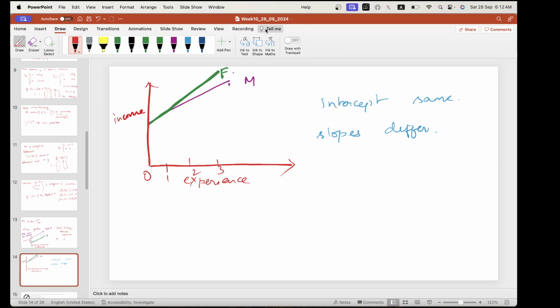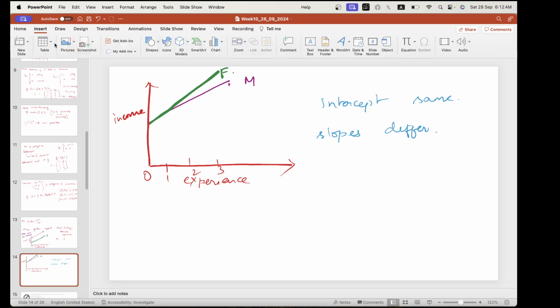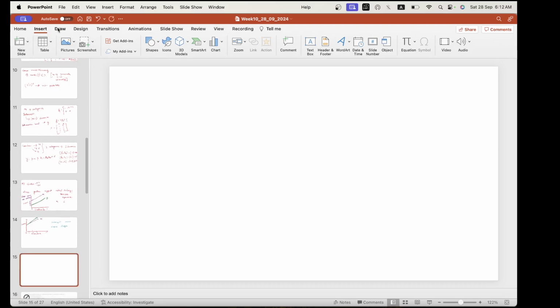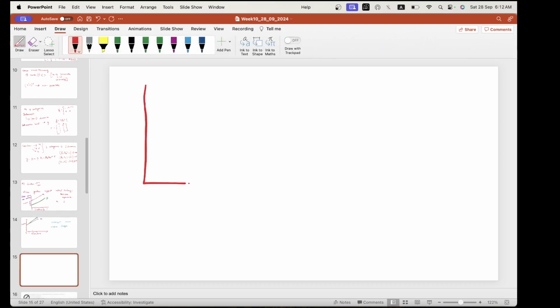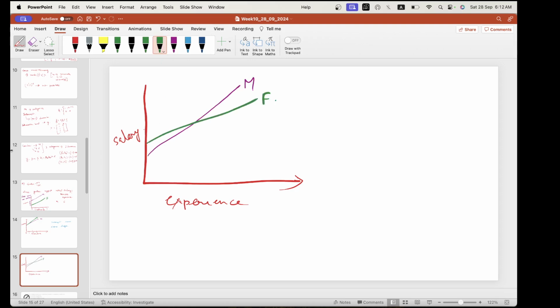Okay, there could be situations where both are changing. That is this case. We are plotting experience versus salary, and if this is the line for males, let's say this is the line for females.